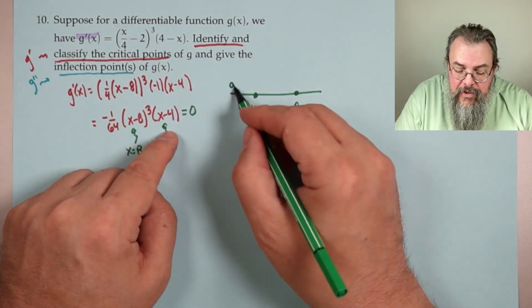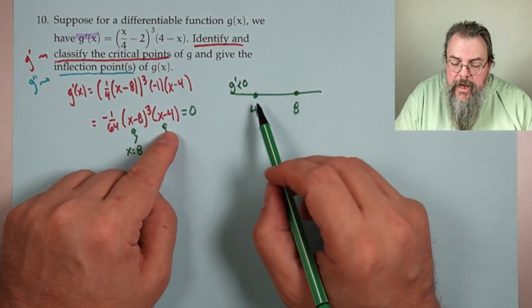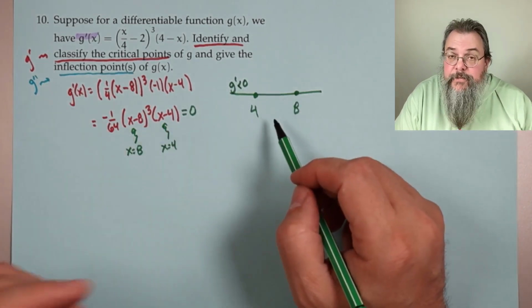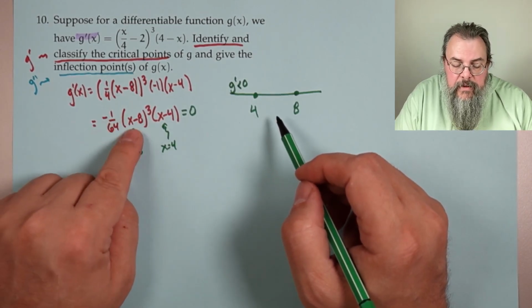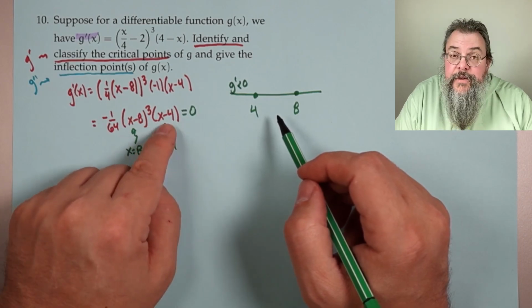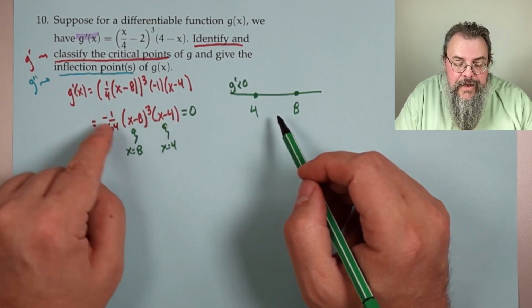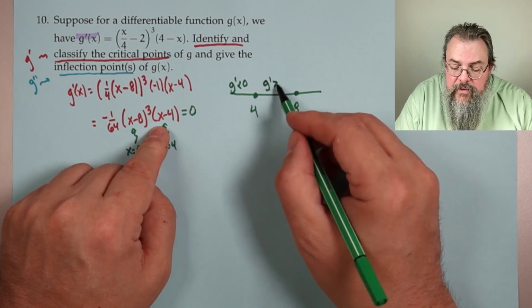So that says g prime will be negative. Okay, how about between 4 and 8? Let's say 5. So that'll be negative. 5 minus 8 is negative. Cube that, still negative. 5 minus 4 is positive. Negative, negative, positive. Okay, so that's positive.